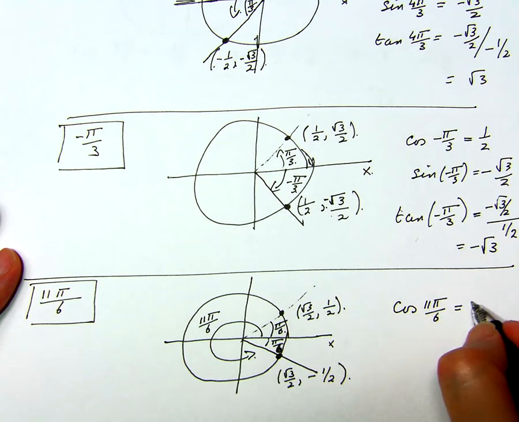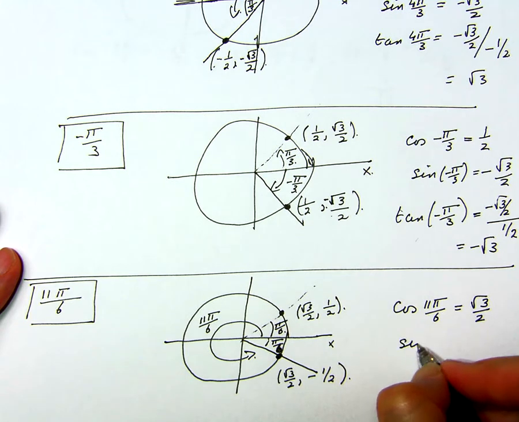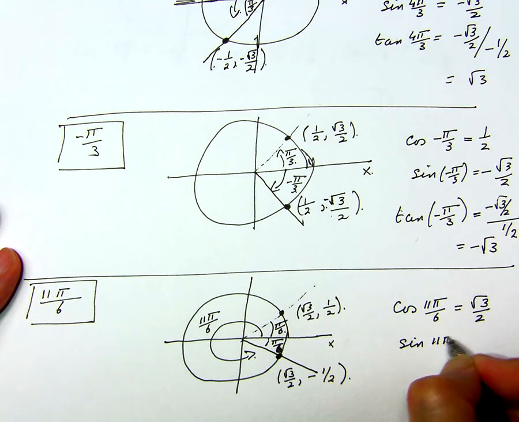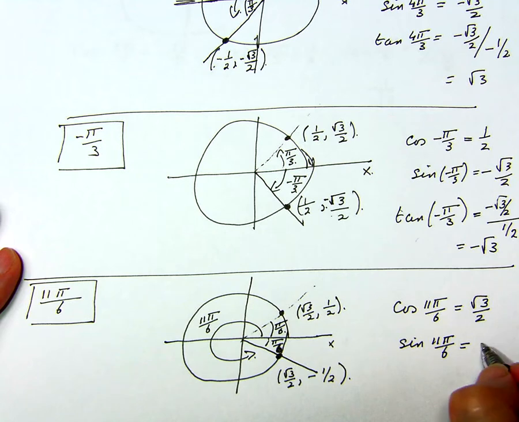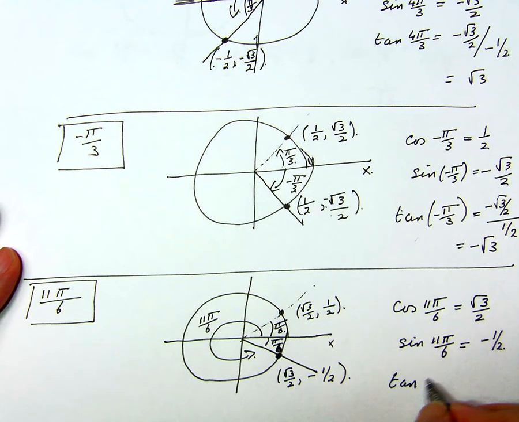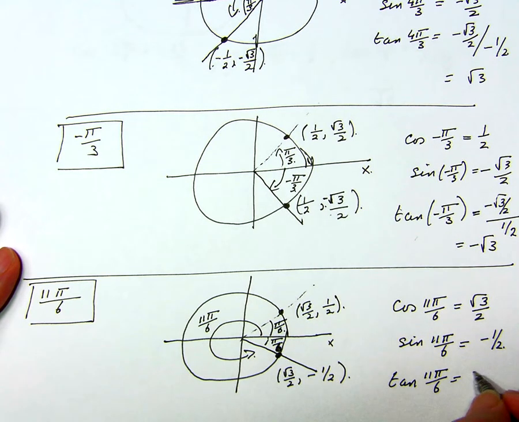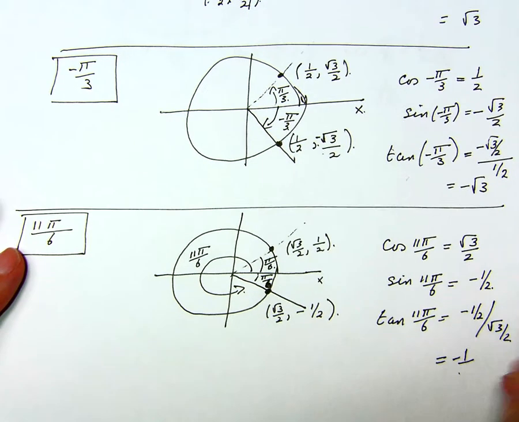Cosine is the x-coordinate here, which is root 3 over 2. Sine of 11 pi over 6 is the y-coordinate, which is minus 1/2. And tangent of 11 pi over 6, sine over cosine, is minus 1/2 over root 3 over 2, which is minus 1 over root 3.